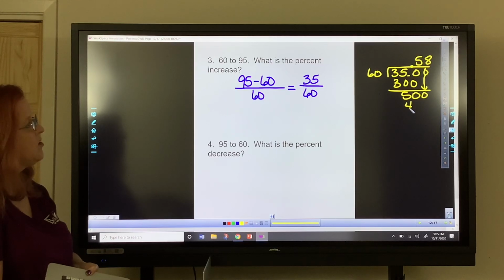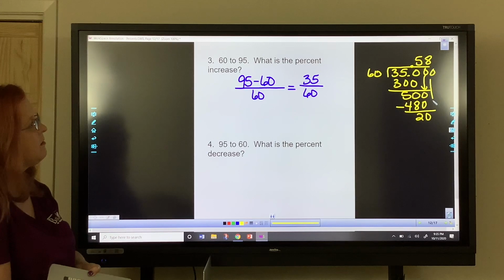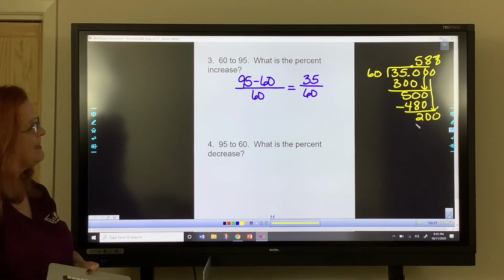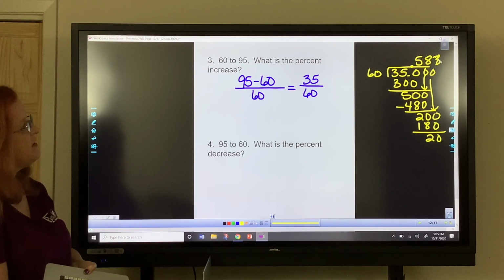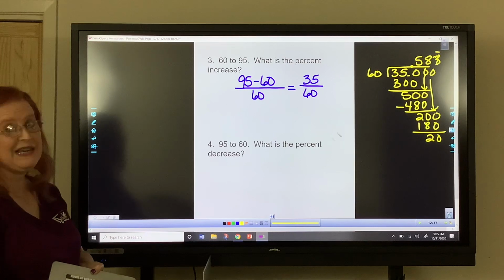That would be 480. Subtract, 20, bring down the 0. 180, and now we're repeating. So 58.3 repeating.